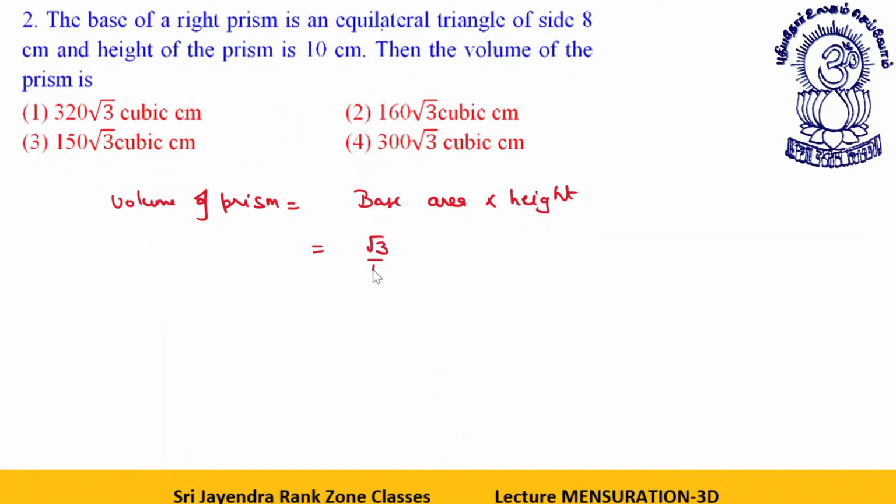Base area is an equilateral triangle with side 8. This gives you root 3 into 16 into 10, or 160 root 3 centimeter cube. This is option number 2 as your answer.